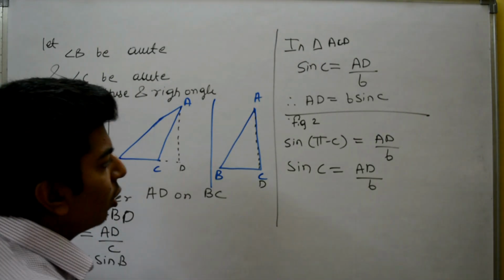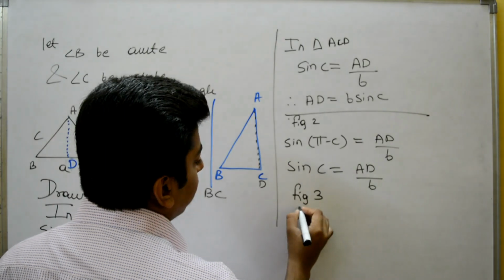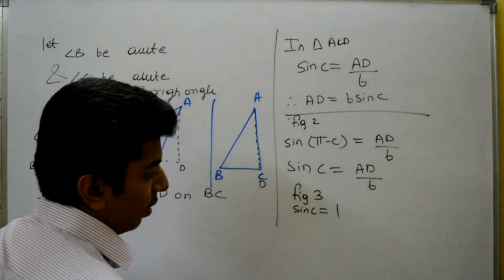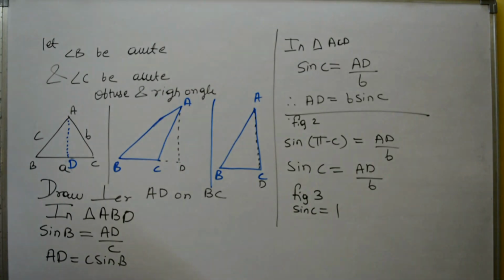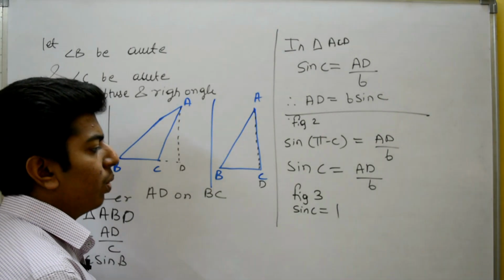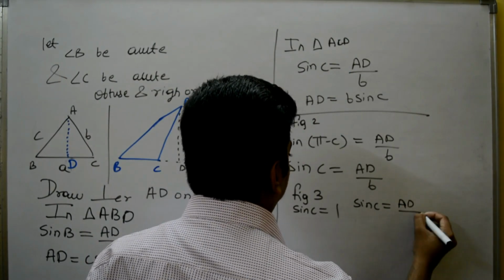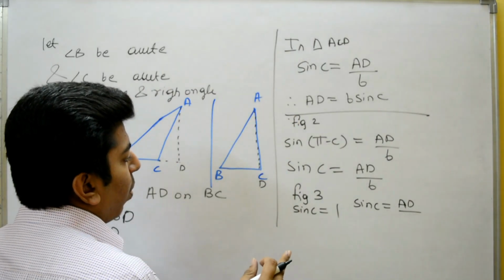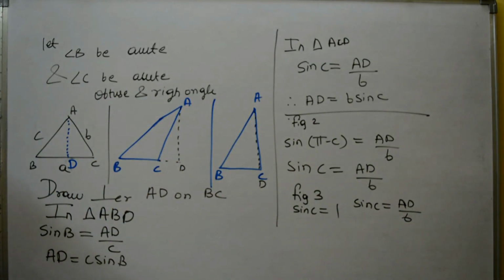From the third figure, sine C is 1, because angle C is 90 degrees. So sine C is equal to AD upon AC.